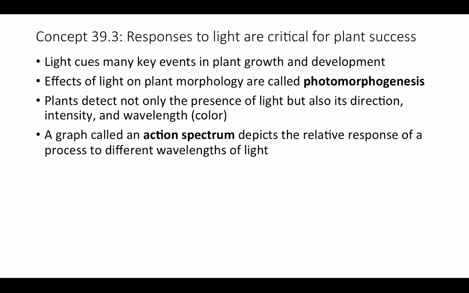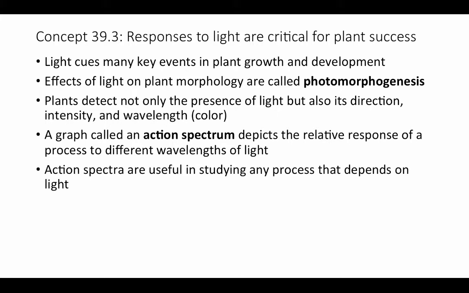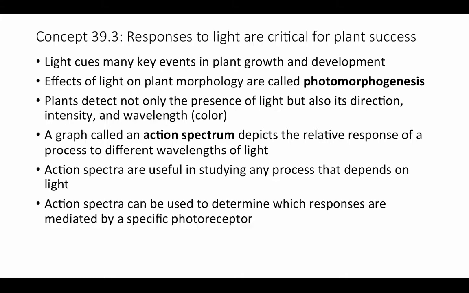Some process that depends on light is measured, and we can see which wavelengths of light are most important to creating whatever that physiological response is. So action spectra are useful in studying any process that depends on light. And action spectra can be used to determine which responses are mediated by a specific photoreceptor. Photoreceptors are going to be specific to particular wavelengths of light, and the action spectra can give us some clues as to what photoreceptors we should be looking at.